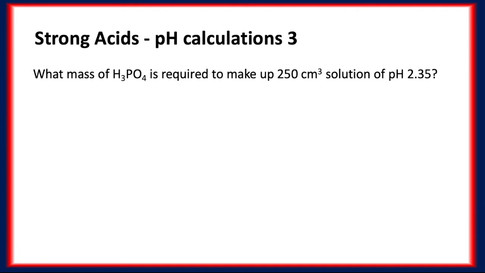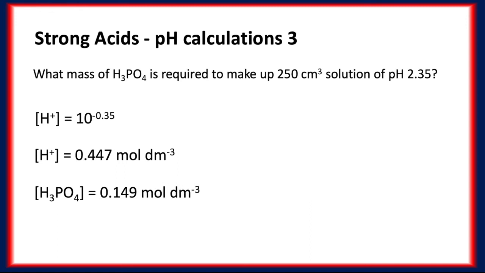Question 3, we're going to find the mass of phosphoric acid required to make up a 250 centimeters cubed solution of pH 2.35. First of all, we work out our concentration of H+ from the pH, and then we divide that by 3 to find our concentration of phosphoric acid, because that's a triprotic acid.